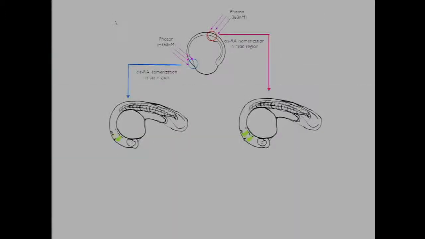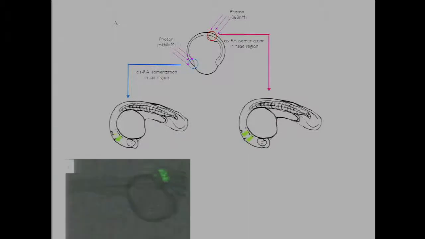Now, instead of adding trans-retinoic acid, we can add cis-retinoic acid, which is not active, but we can activate it with light, locally and temporally. So we do this experiment and then we use UV light and illuminate either the tail region or the head region. Illuminating the tail, the brain doesn't develop properly.